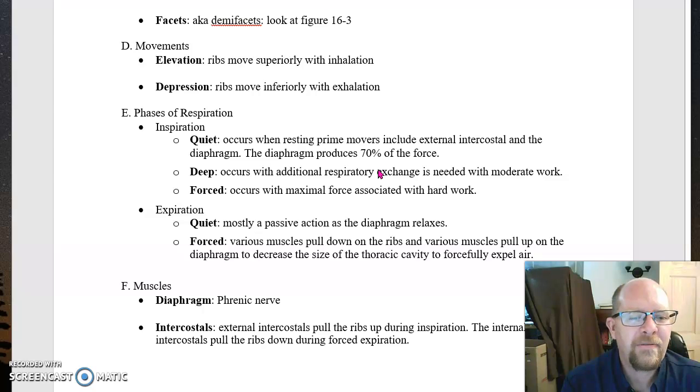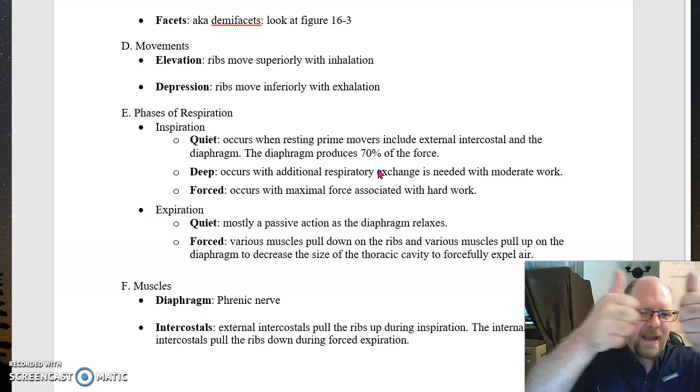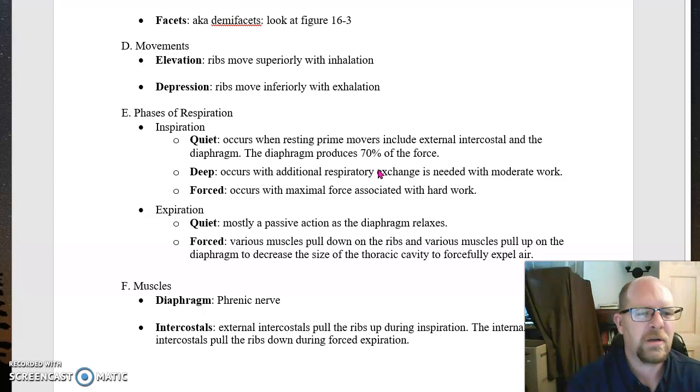And then the diaphragm also has muscles that attach to it that pull it back in a superior direction, expelling air. So don't get too hung up on all of the muscles that are really associated with a lot of this. Stick with what the book has. Don't go Googling this. If you want to know more information about it, become a respiratory therapist.